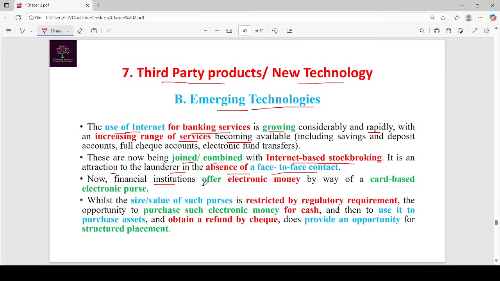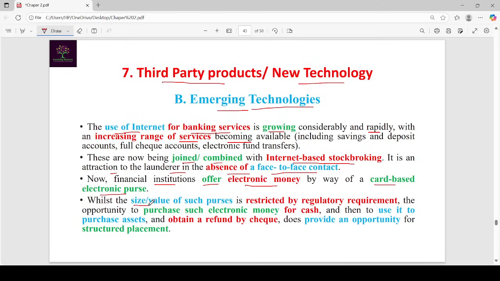Financial institutions offer electronic money by way of a card based electronic purse. Nowadays, so many financial institutions and e-commerce platforms are providing electronic wallets, so any customer can add money to their wallets. From there they can purchase goods through any e-commerce platform.